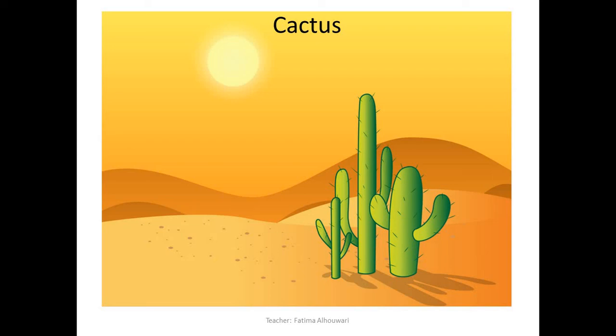The thick stem helps the plant store water for a long time. This is the secret. So you know, grade 1, that the cactus has a very thick stem and it can store water for a long time. Very interesting. This cactus plant is very strong.